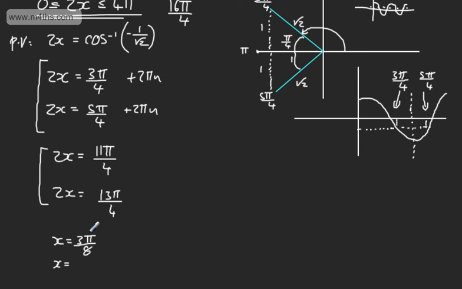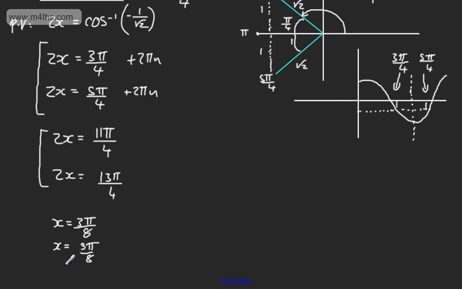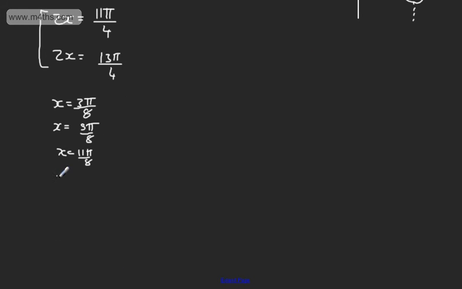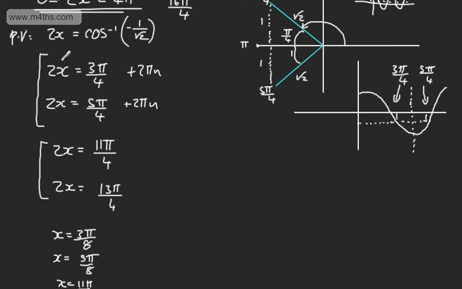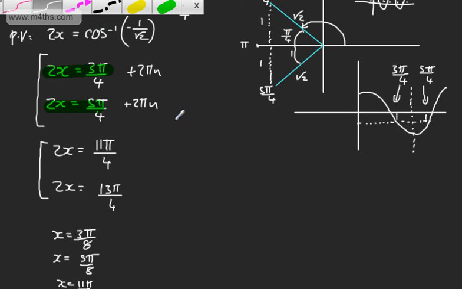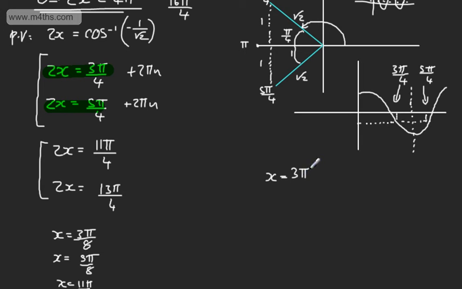Okay, I personally would like to think of this by taking this one just here, and by symmetry, this one. I'm going to solve now for x. X is going to be equal to 3 pi by 8 plus pi n. All we're looking at are multiples of pi. We know that this curve is going to cycle every pi radians instead of every 2 pi. That's the nature of cos 2x. So x is going to be equal to 5 pi by 8 plus pi n.